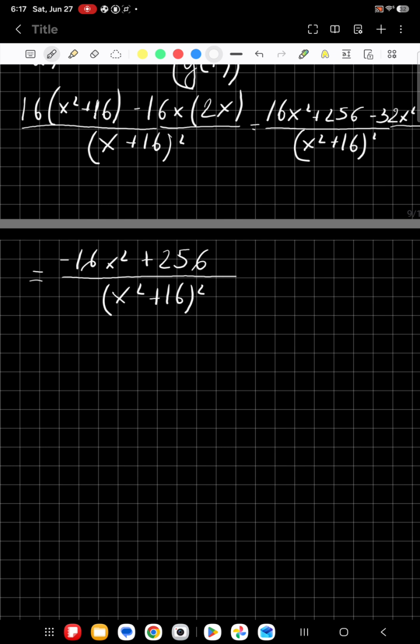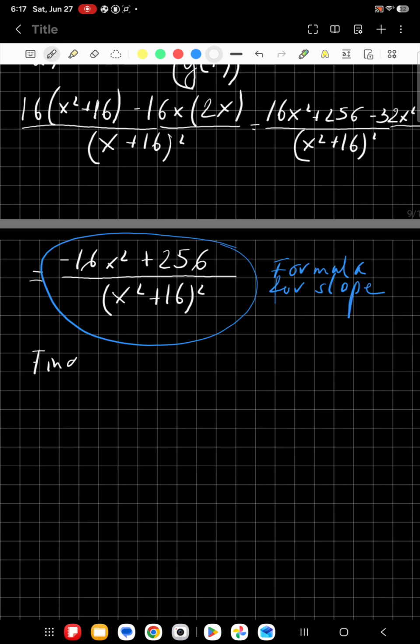Okay, so at this point, what we found is a formula for slope, in a sense the first derivative. So now we need to find the slope at the origin, or at 0, 0.